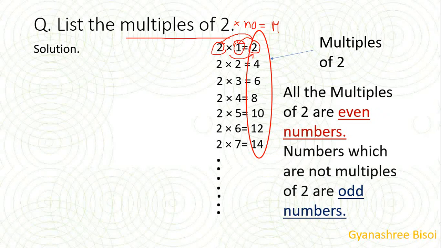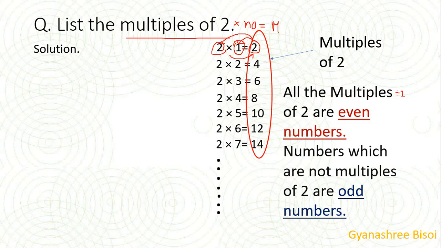See, one interesting thing, all the multiples of 2 are even numbers. See, all the multiples of 2, that is 2, 4, 6, 8, 10, 12, 14 and so on, are even numbers. In other words, multiples of 2 must be divisible by 2 without any remainder.